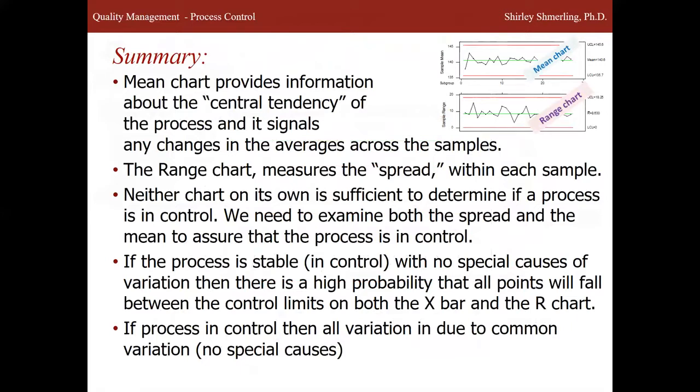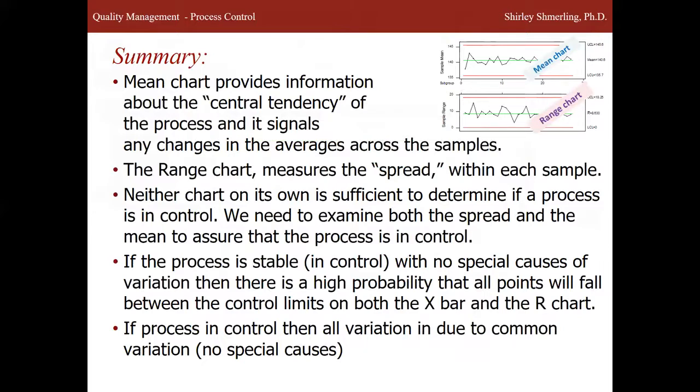To summarize, the X-bar or the mean chart provides information about the central tendency of the process, and it signals any changes in the averages across the samples. The R chart, or the range chart, measures the spread within each sample. If the process is stable and in control with no special cause of variation, then there's 99.73% probability that all points will fall in between the control limits on both the X-bar and the R chart.